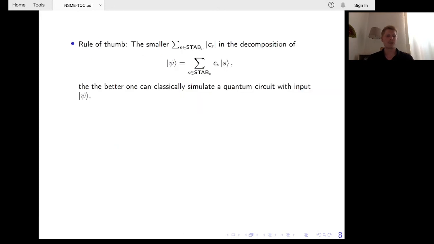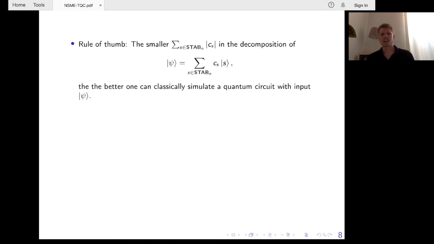Okay, so now let's get back to classical simulation. As a rule of thumb, you can imagine this as follows. The smaller the sum of the absolute values of the expansion coefficients is, when you express psi as a linear combination of stabilizer states, the better one can classically simulate your quantum circuit with input psi.